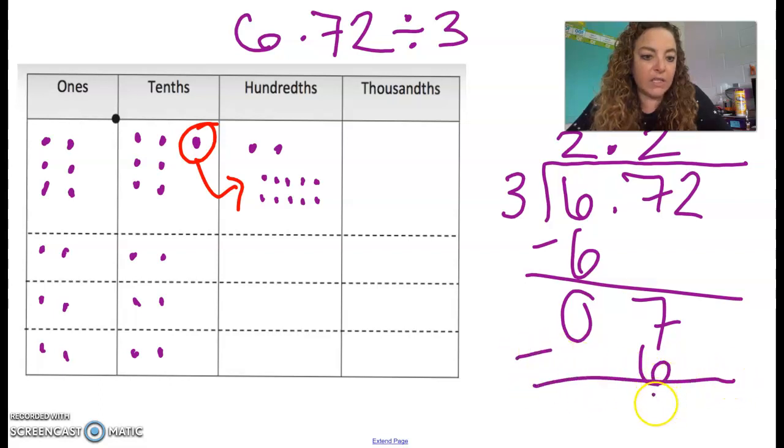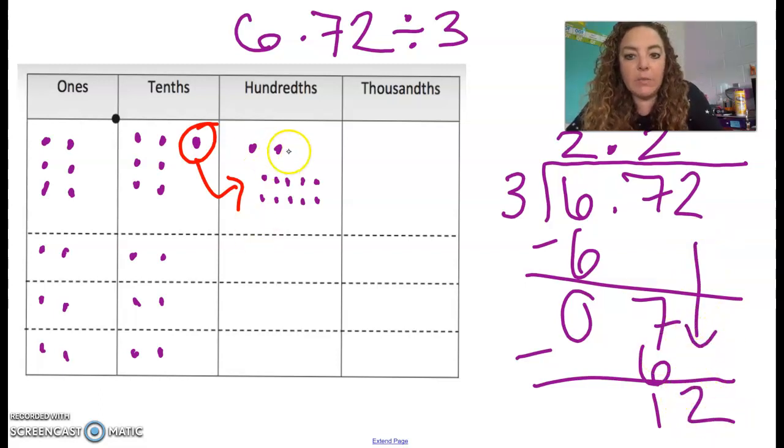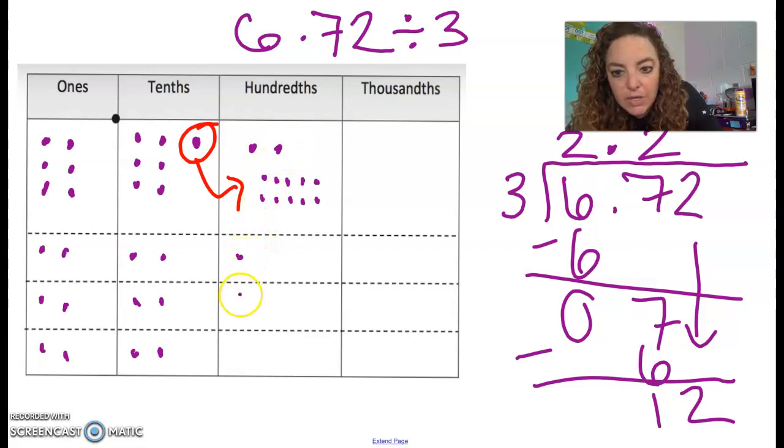7 minus 6 is 1. I'm going to bring down my 2. So now I'm doing 3 into 12. And so I'm going to take these dots and I'm going to put them in each one. So I've used these 3. I'm just trying to keep track for myself. I've used these 3. I've used these 3.